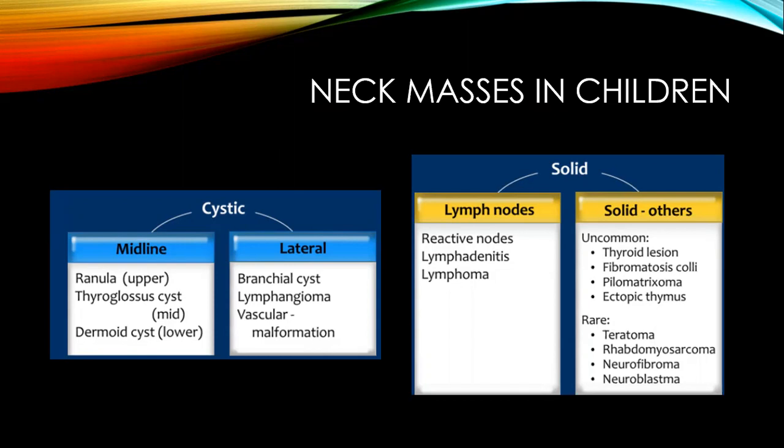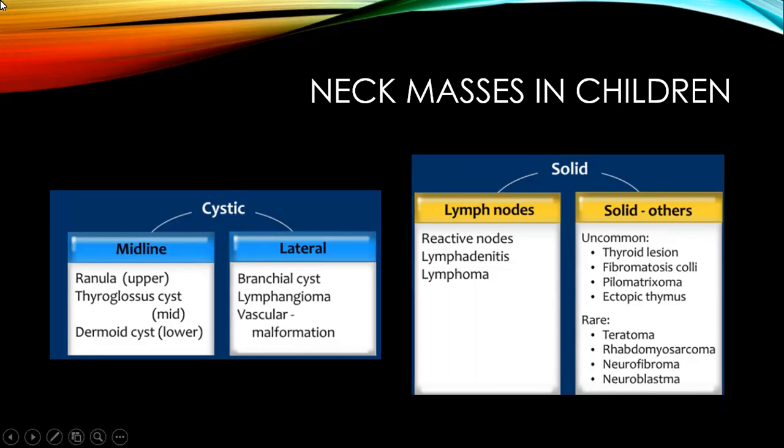Due to hyperplasia, the muscle becomes thickened, so it becomes short and bulky, and it gets a fusiform shape instead of the normal longitudinal shape. Then we've got pilomatrixoma. Then we also have ectopic thymus. Then on the very rare ones, we can get teratomas, rhabdomyosarcomas, neurofibromas, and neuroblastomas.